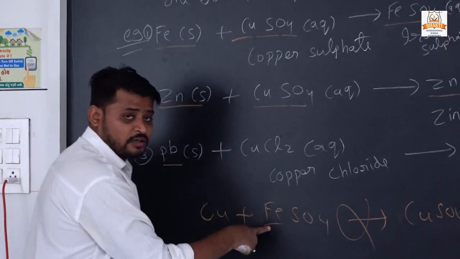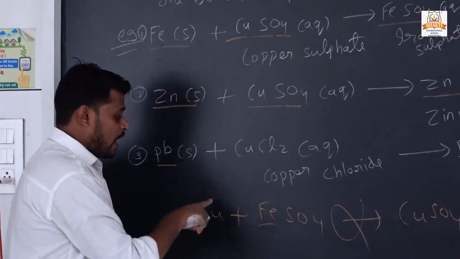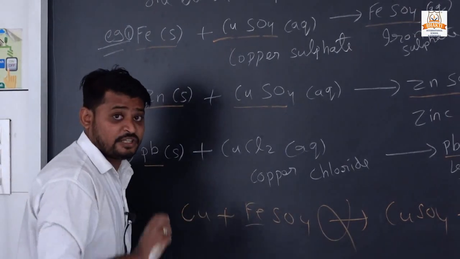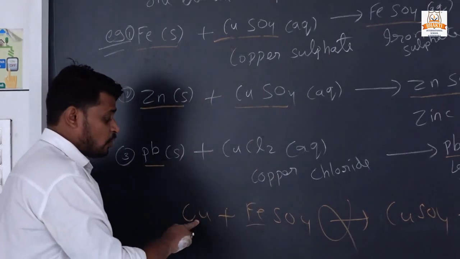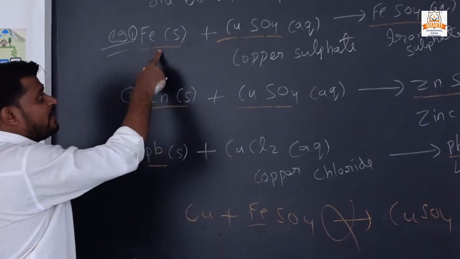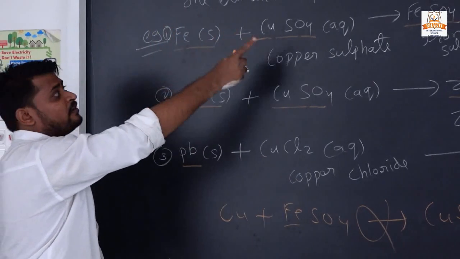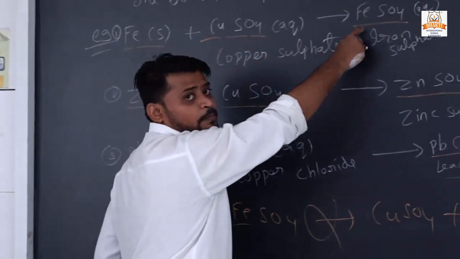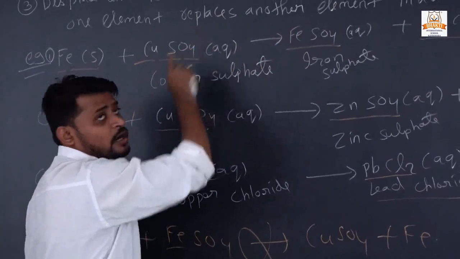So it does not happen that copper will replace iron. Why? Because copper is less reactive than iron, but iron is more reactive than copper. That's why iron will replace copper in its respective compound.